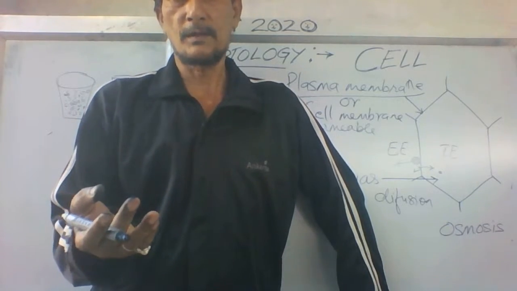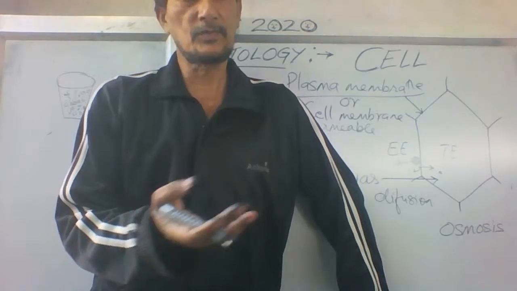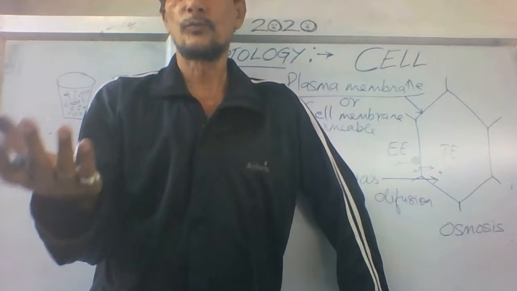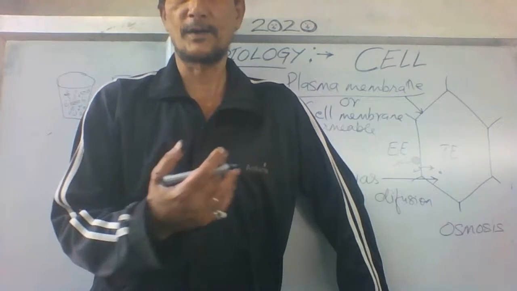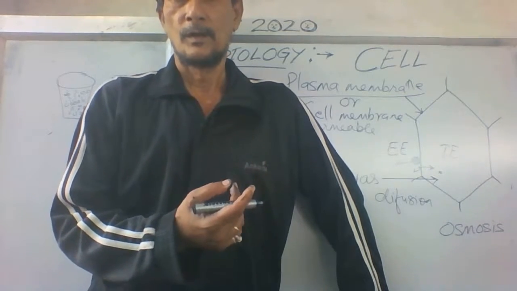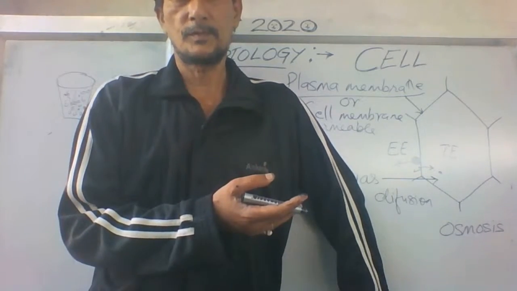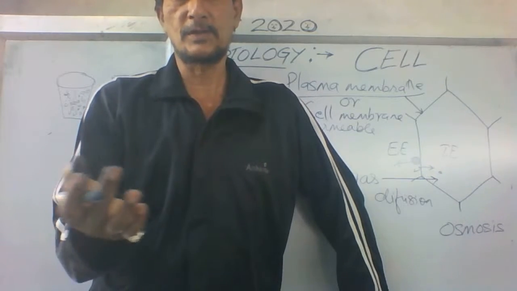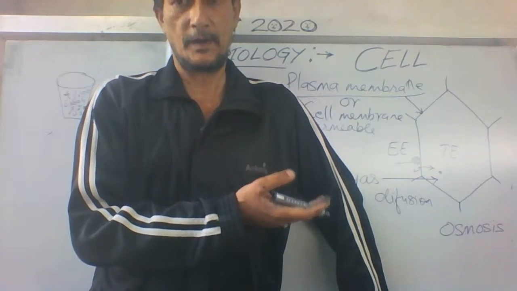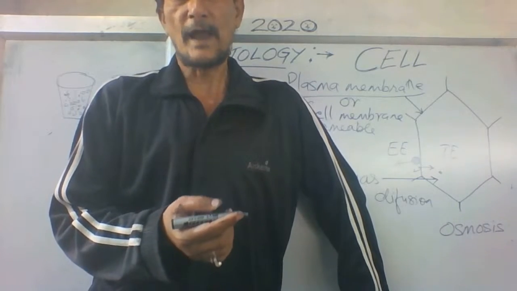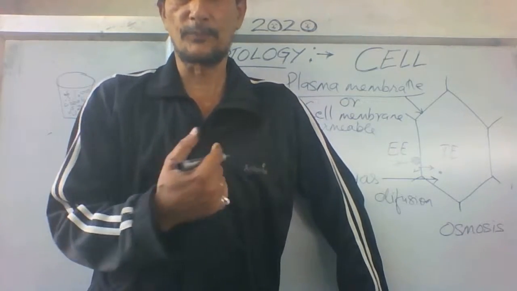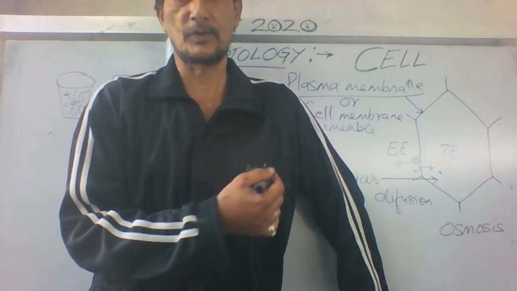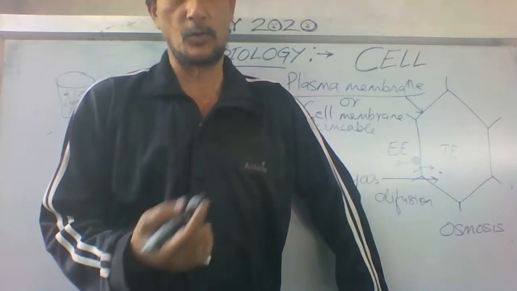And I just told you that this is a kind of diffusion through which these gaseous particles go in and come out. And we have studied the process of diffusion in earlier chapters in class 8 also. It is the spontaneous movement of substances from a region of higher concentration to a region where the concentration is low.